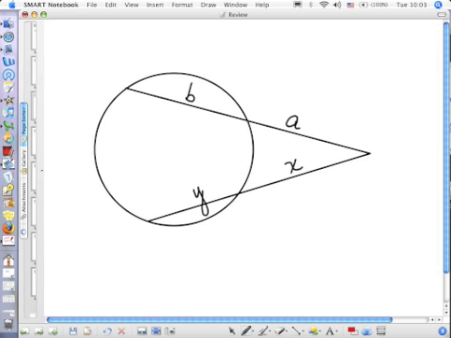The outside section, the part outside the circle, multiplied by the whole thing, which in this case would be A plus B, is equal to the outside section of the other one, which would be X, multiplied by the whole thing, which is X plus Y, not X times Y. All right? Now those are two secants. Okay?